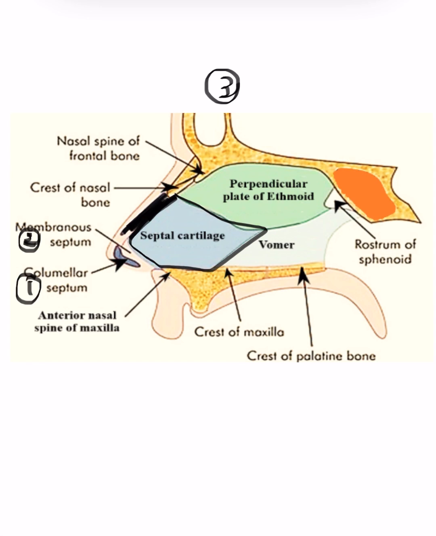And inferiorly, this septal cartilage is supported with the help of this anterior nasal spine of maxilla. So whenever there is a slippage or a defect at this level, anterior nasal spine of maxilla, this leads to the caudal DNS. This is the reason for caudal DNS. And there is also attachment in between the vomer and the perpendicular plate of ethmoid where the septal cartilage is placed.